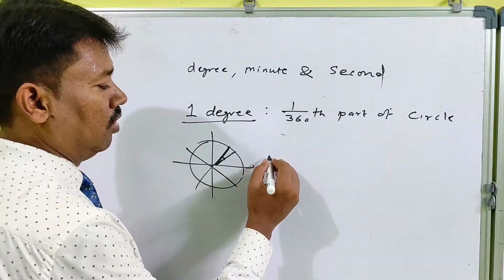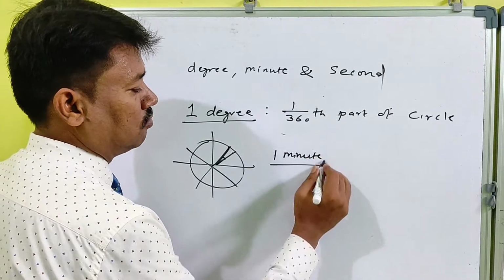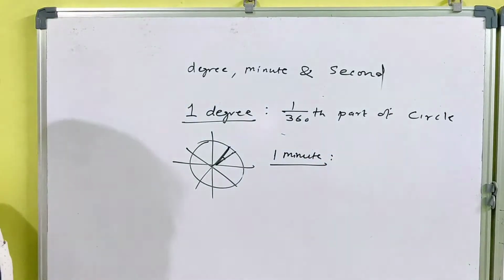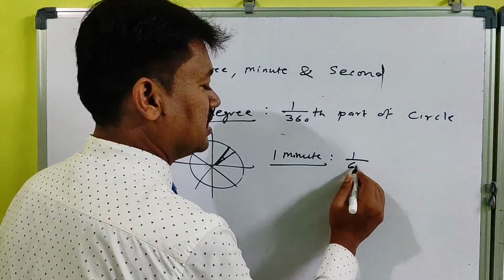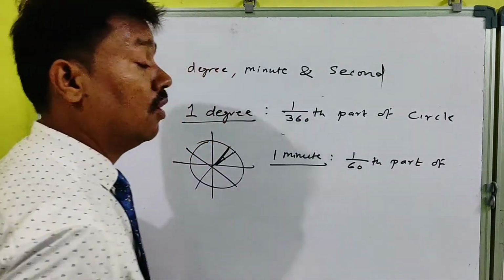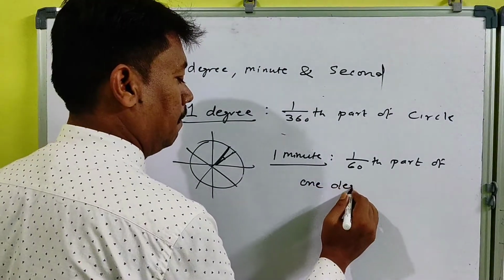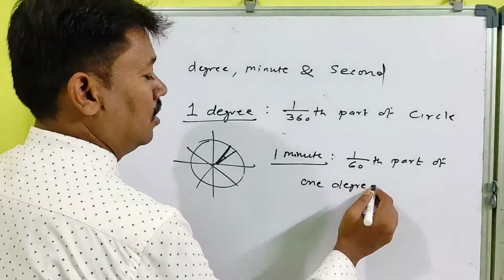And then what is 1 minute? 1 minute is nothing but 1 upon 60th part of 1 degree.